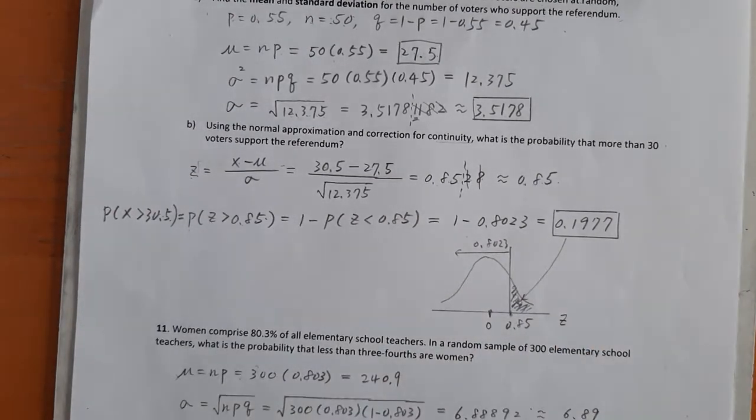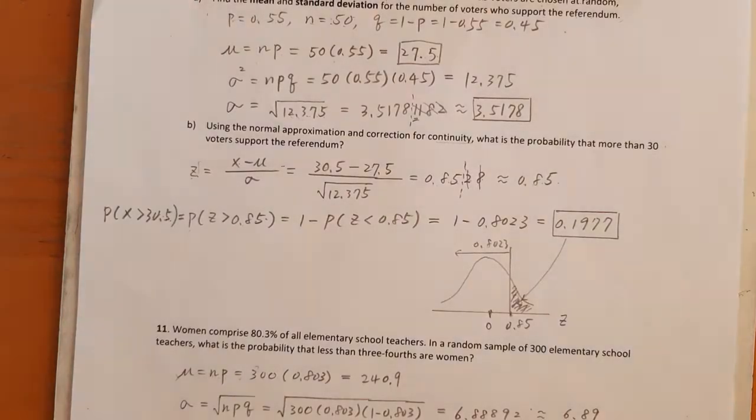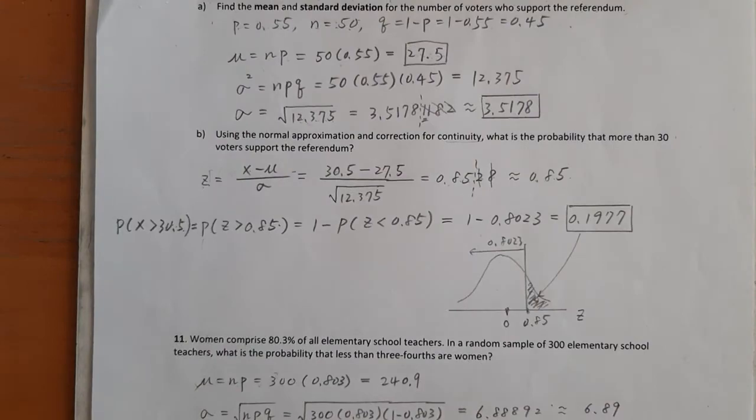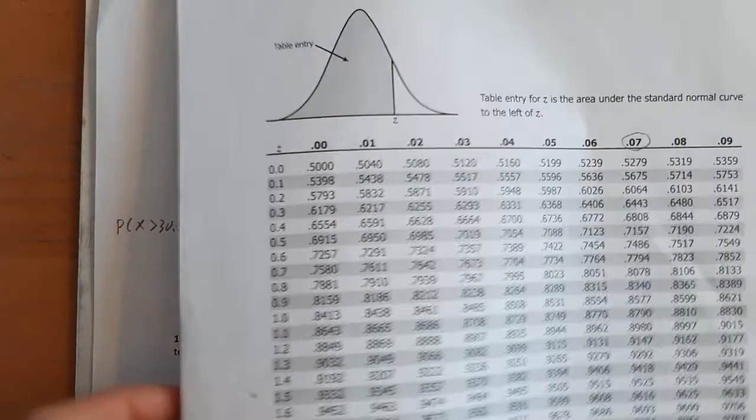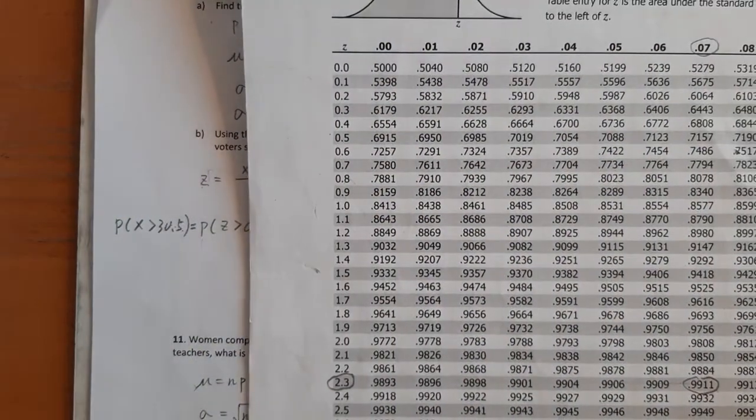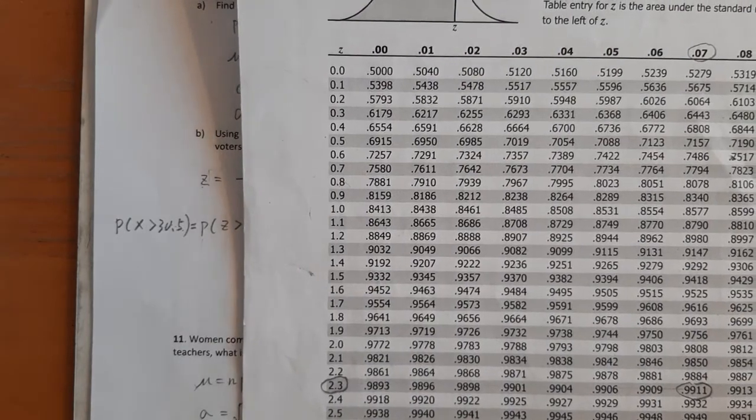So you look at the table, going to the positive side, z-score equal positive 0.85.